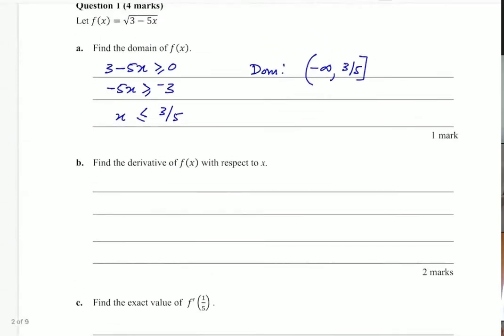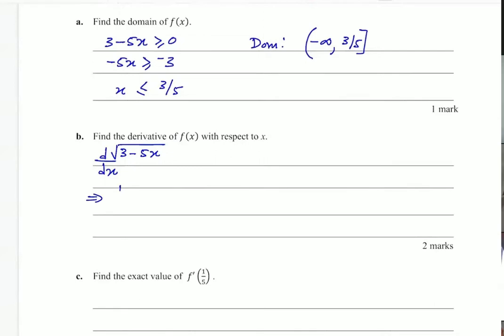So the next one: find the derivative of f(x). You're asked to find d/dx of the square root of 3 minus 5x. This is a 2-mark question. I can do it in just a second, but when I'm doing a paper, I don't do it that way. So what I do is introduce the half power times d(3 minus 5x)/dx, using the chain rule.